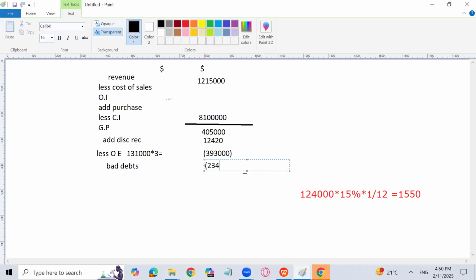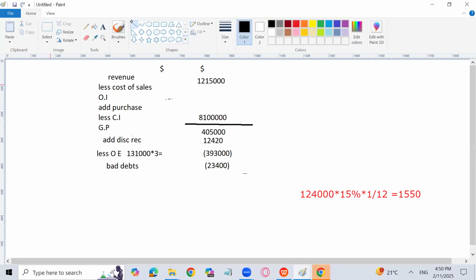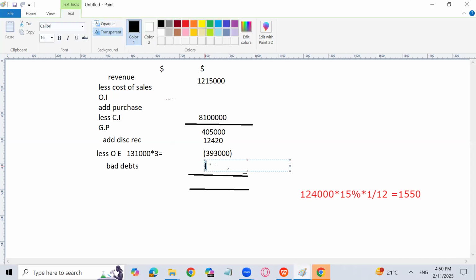What is profit for the year? Now, what is the amount of bad debts? 21,060. Okay. And what is the profit? Maybe he has calculated wrong. You can calculate the profit on your own.